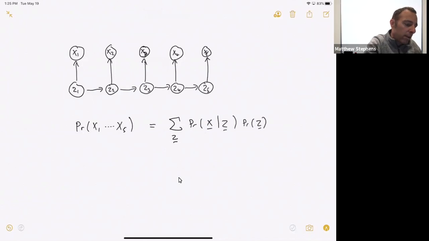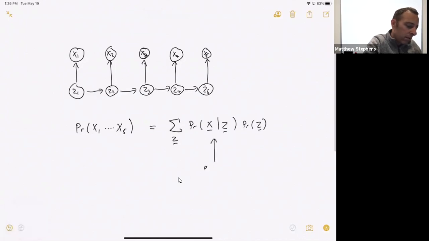These are the emissions, and these are the Markov transition probabilities. They're just the product of the transition probabilities, so they're determined by the transition matrix.